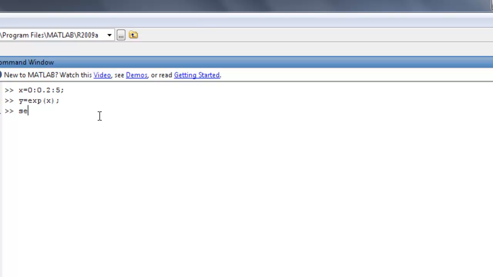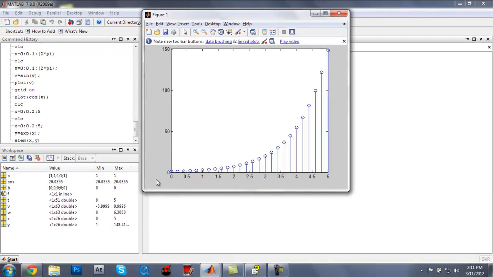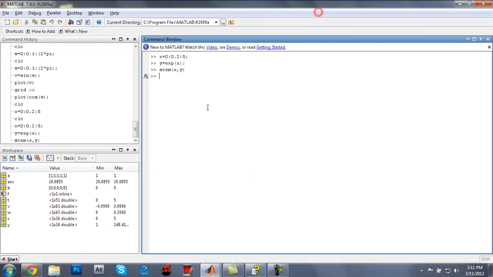Right, so I'm going to stem it using the stem command, stem x comma y, hit enter. Right, we are getting this type of graph.